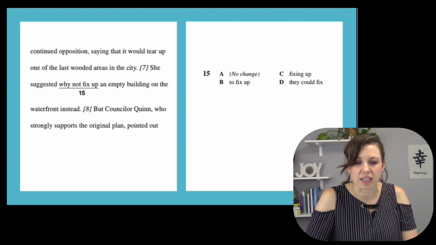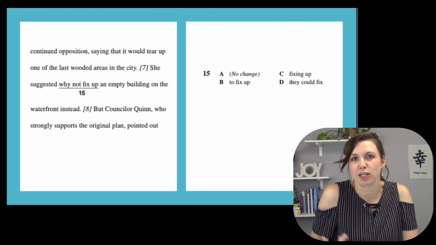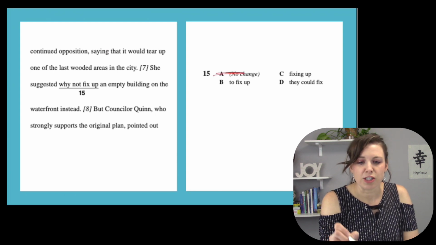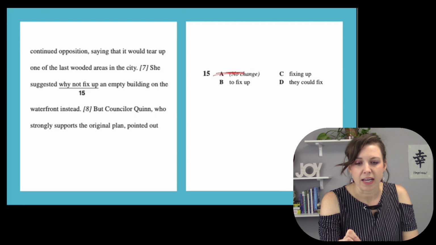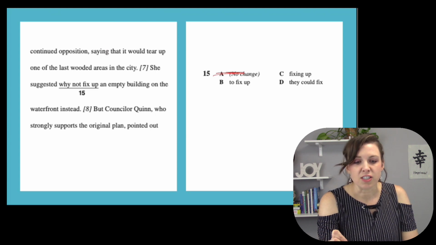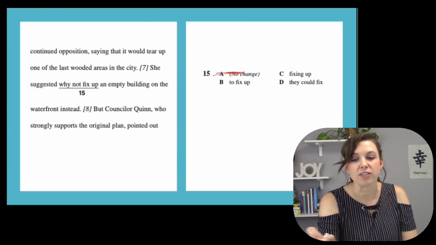So the answer here is definitely not A, right? A is too casual of a tone. Why not fix up, right? She suggested to fix up an empty building. That one's a really good one. I would put B as a definite maybe. C, she suggested fixing up an empty building. Or D, she suggested they could fix up.